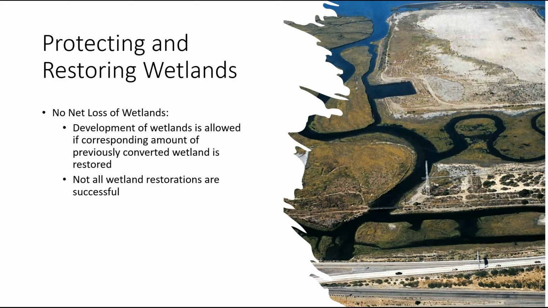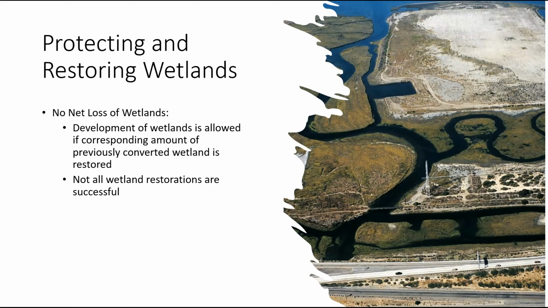And basically what that means is if you need to develop in an area where there is a wetland, that can be allowed, but it has to be accompanied by the restoration or building of an equal size wetland somewhere else.